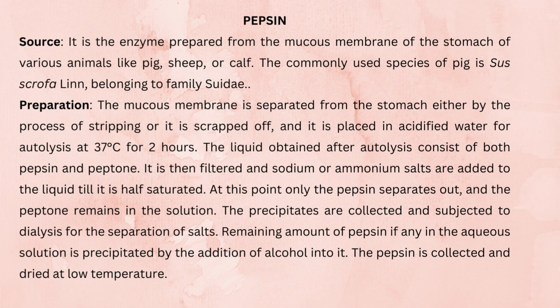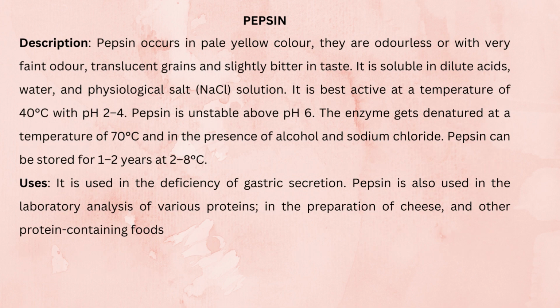The precipitated pepsin is collected and subjected to dialysis for the separation of the ammonium and sodium salt. If some amount of pepsin remains in the aqueous solution, it can be isolated by precipitation with alcohol. After the collection, it is dried and stored at a low temperature. It occurs as a pale yellow color, with a faint odor and slightly bitter taste.